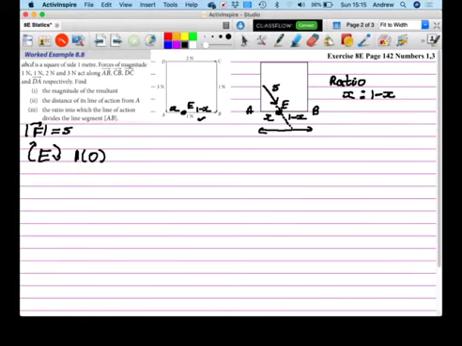Now I'm going to take a moment for BC. And BC, what's the perpendicular distance of BC from E? Well, I can quite clearly see it's 1 minus x. Now, this arrow is going down, so it's going to have a turning effect this way, because this is the pivot point.